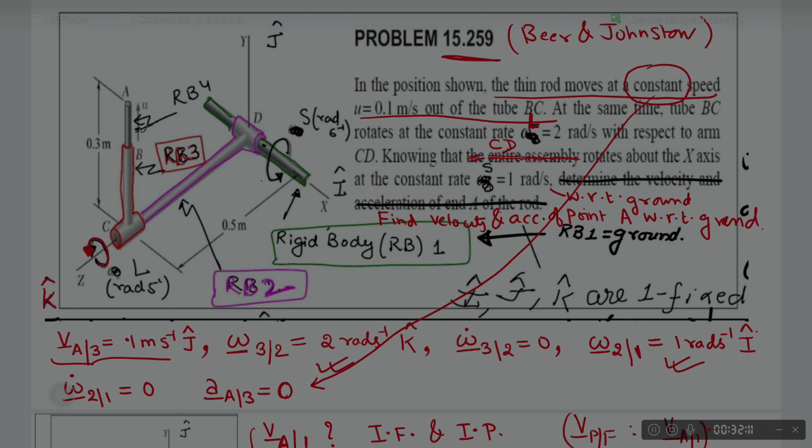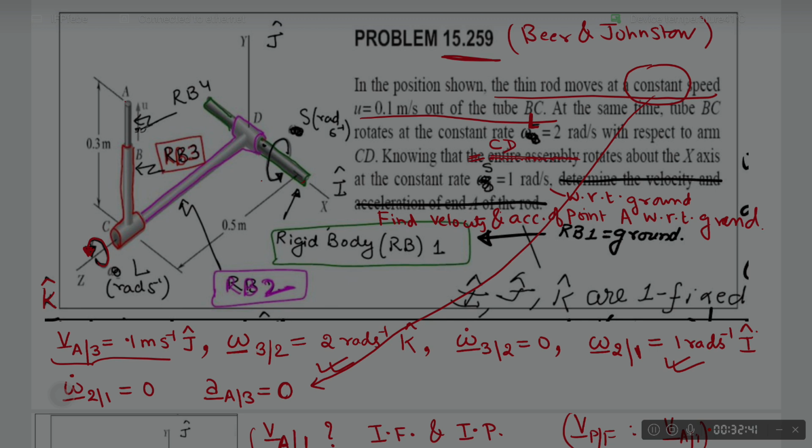Moreover, the relationship between angular velocities of different frames in context and the angular accelerations of different frames in context will also be applied here. This example will serve as a good illustration of the concepts and theories that we have built so far.